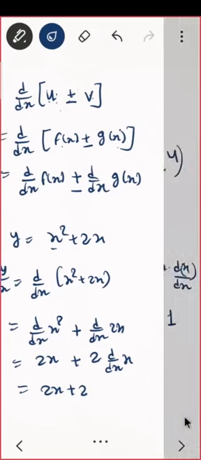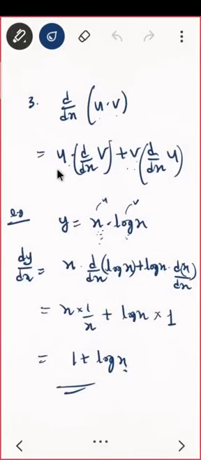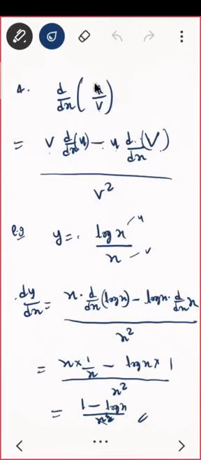And if you are having this multiplication, that is uv rule, that is u derivative of v plus v derivative of u. The next one would be u by v, that is v derivative of u minus u derivative of v upon v square. Now we'll be doing so many problems related to this so that we don't have any issue later on.